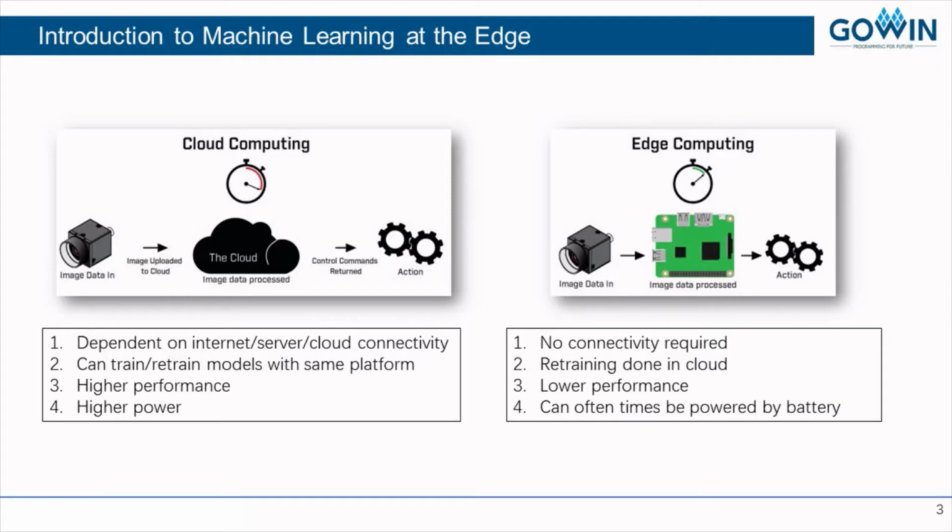However, that connection to the web is a challenge in many applications. For example, let's say that you want to monitor something very remote, on a battery, over time, and you really don't want any connectivity, or you do want connectivity, but really you want to do the processing locally.